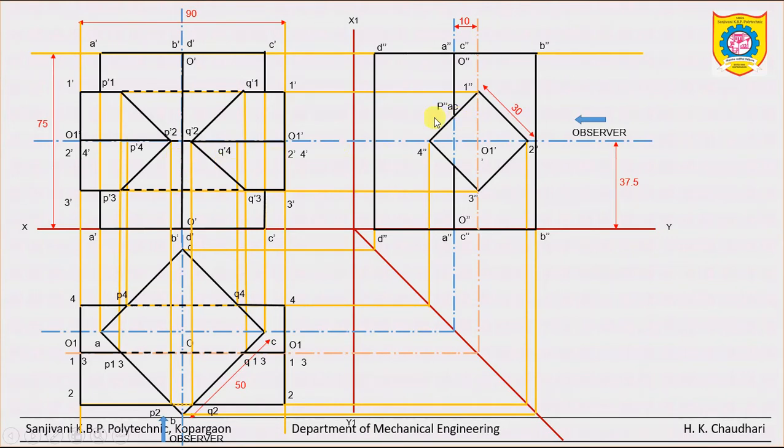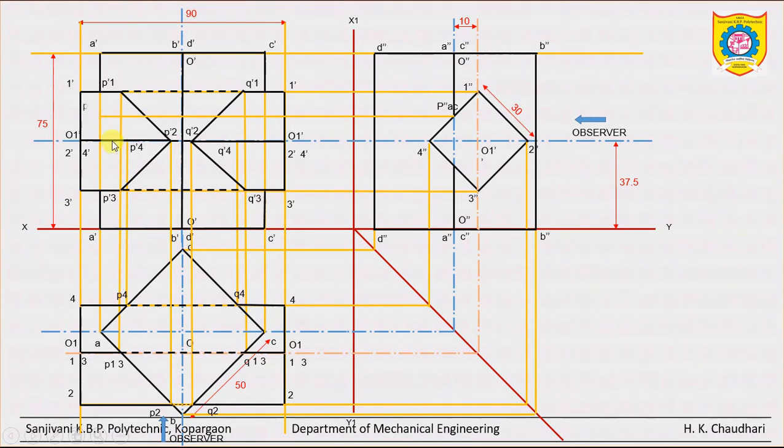And now come to this point, this is P double dash A as well as C, because it is the common edge. C is also there. So locate the points in the front view by taking projection in this way. This horizontal line is for PA and PC. So just identify the vertical projection from edge A and the respective intersection.